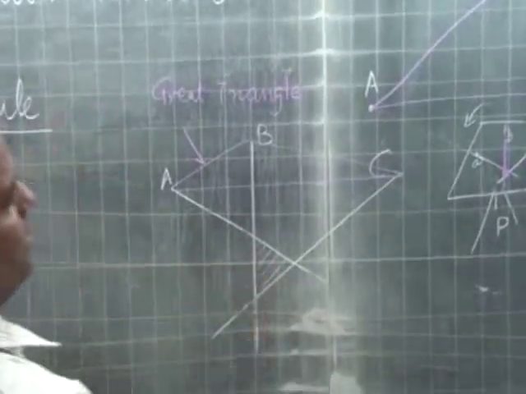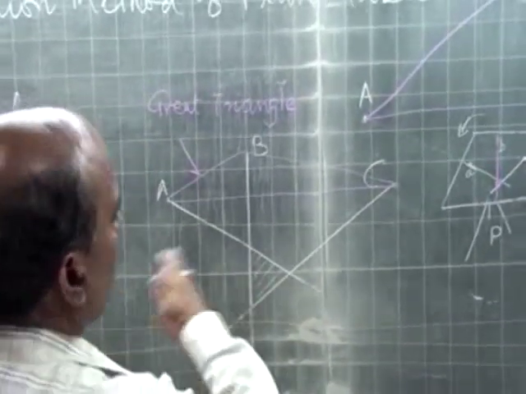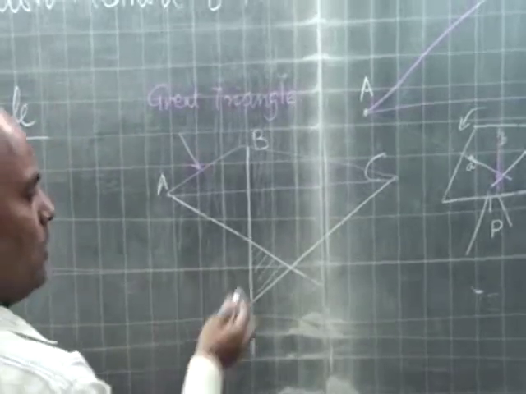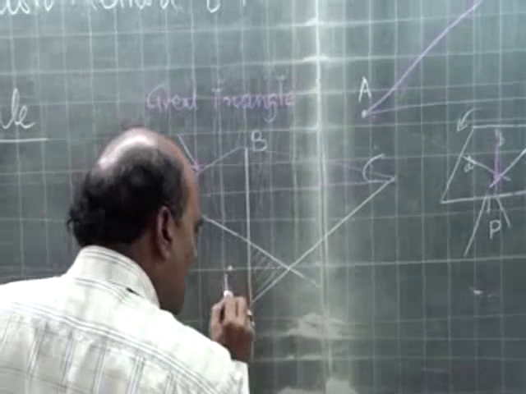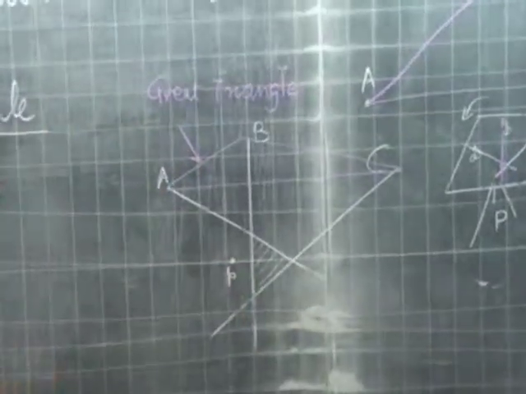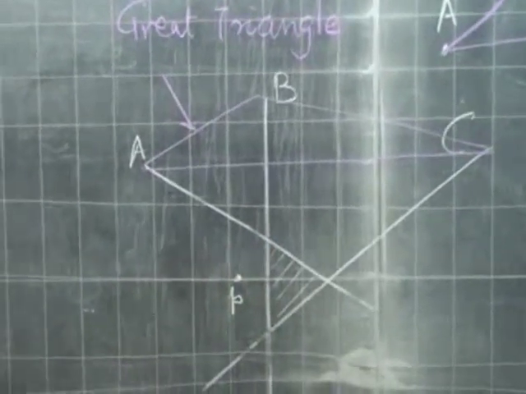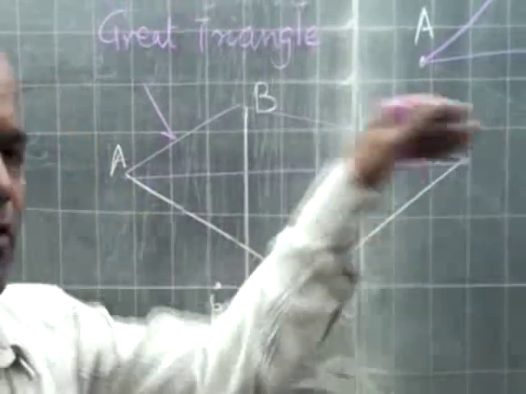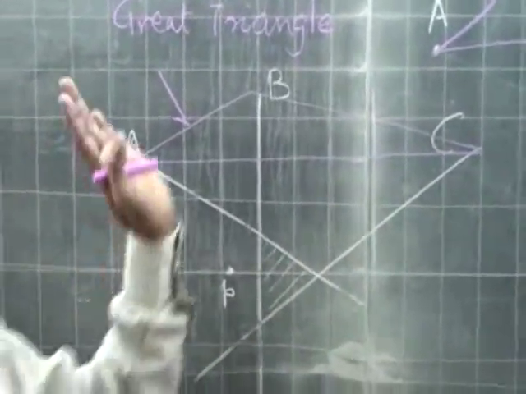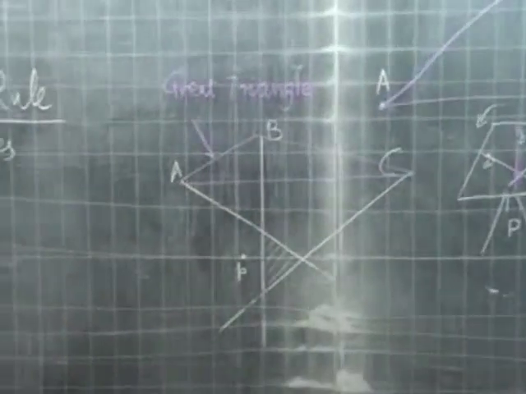So here, in this particular case, the triangle is formed on the left side, and the point, let us say a small p, will always be on the left of all the three rays. Either a small p will be on the left side of all the three rays, or on the right side of the three rays, depending upon the intersection of these three rays. So this is rule number 2.